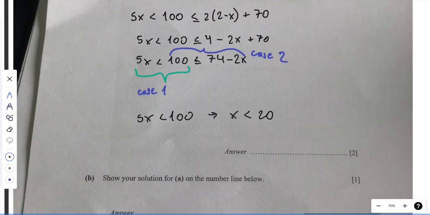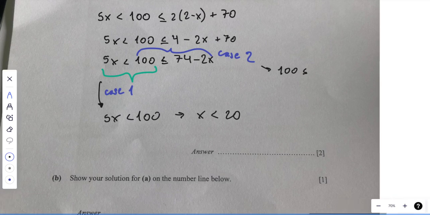This other one, case 2, is going to tell us that 100 is less than or equal to 74 minus 2x. So if we add 2x on both sides and subtract 100, 2x less than or equal to, I hate doing this kind of subtraction, minus 26. Divide by 2 and get x is less than or equal to negative 13.